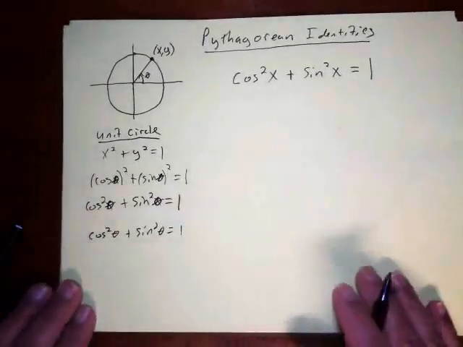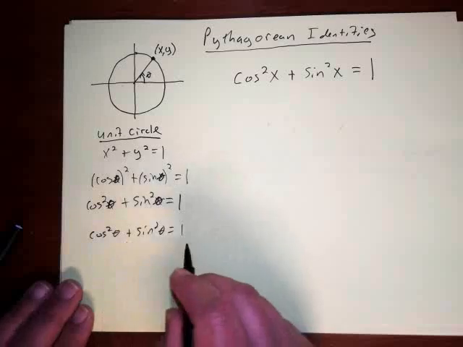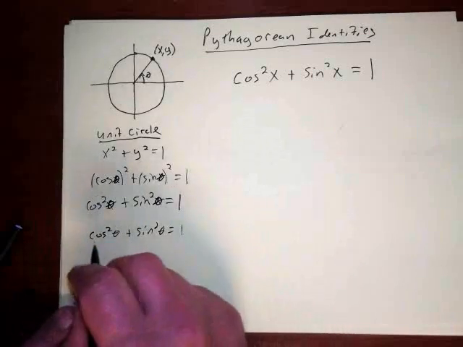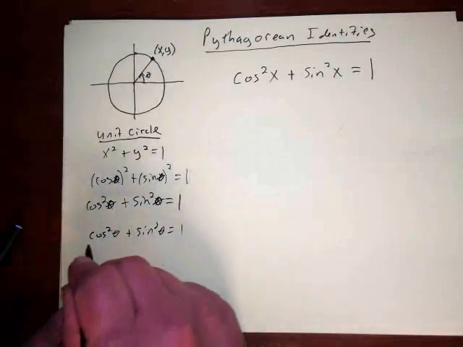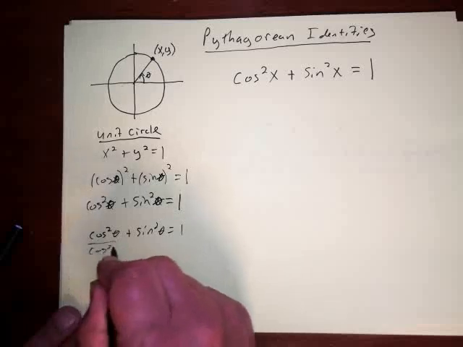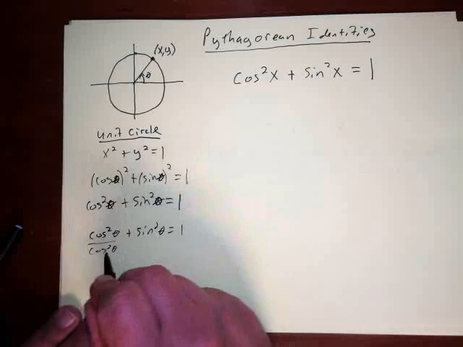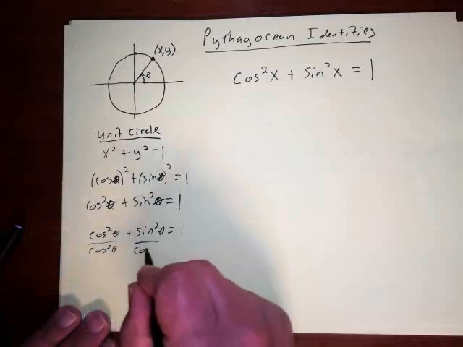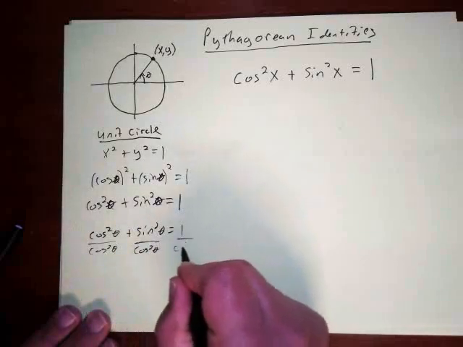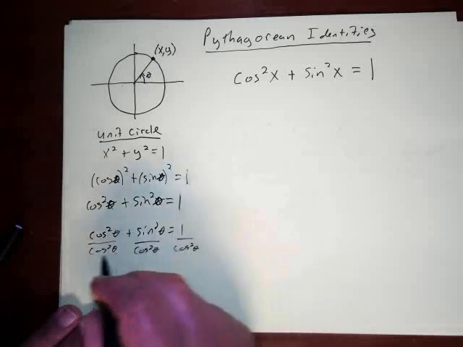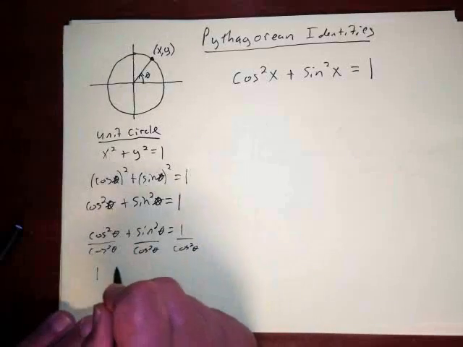So once you have this one, if I multiply through by the cosine squared x, that would make this cosine squared, or cosine squared theta. That would make that cosine squared theta, this cosine squared theta, and this cosine squared theta. Well, this is just 1.